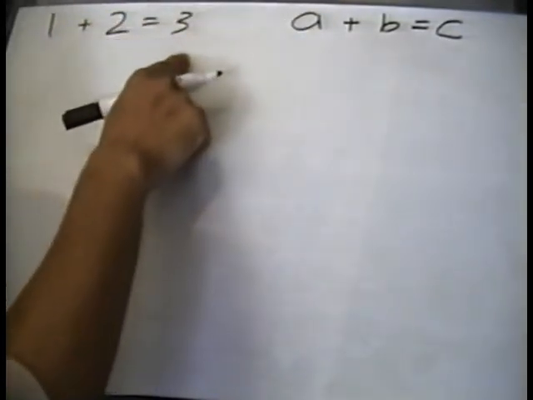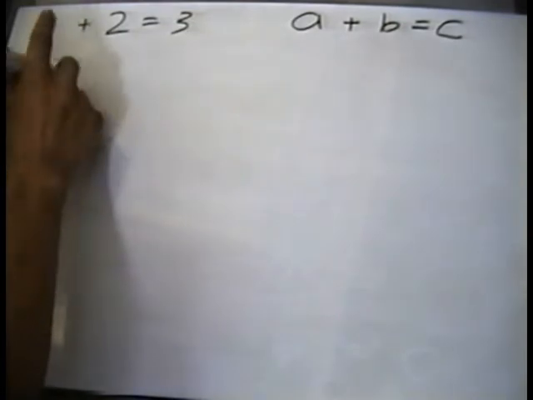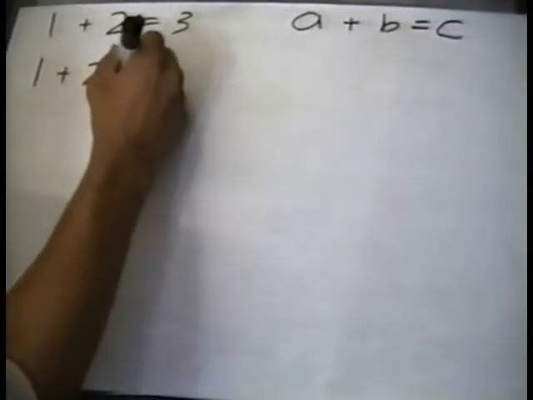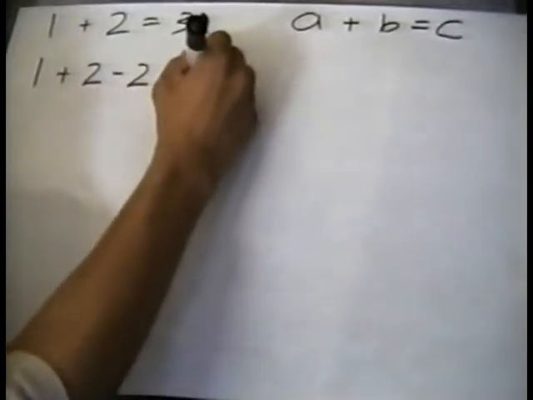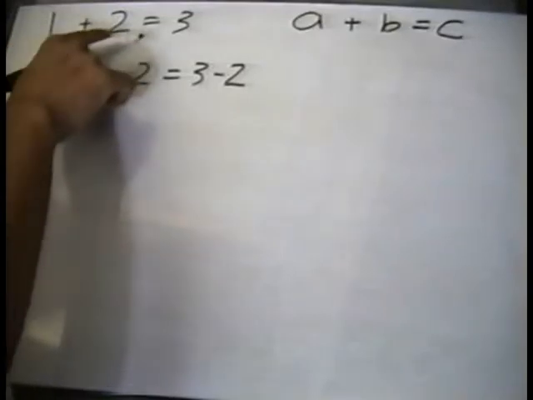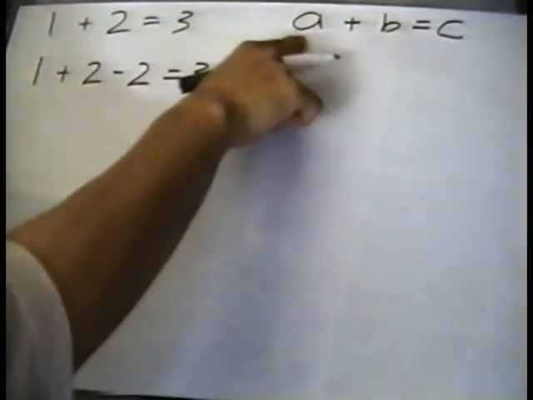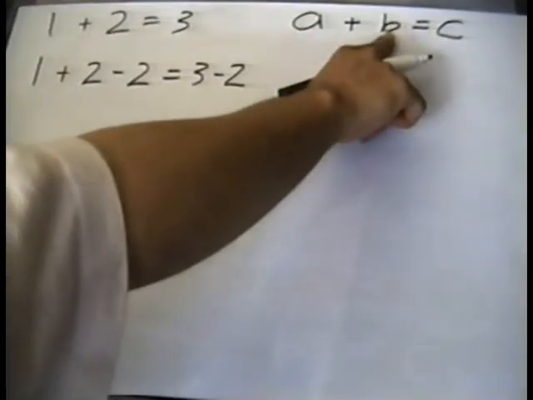Okay, so now first, we're going to see what happens when we subtract 2 from both sides. 1 plus 2 minus 2 equals 3 minus 2.